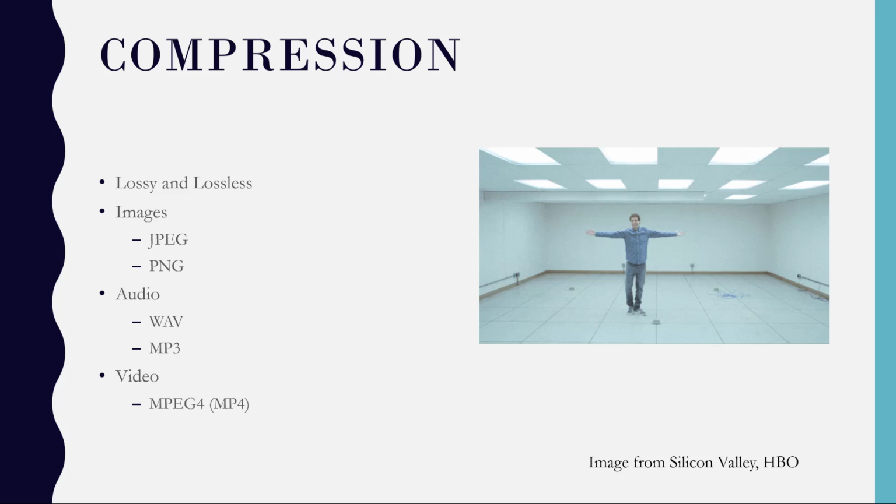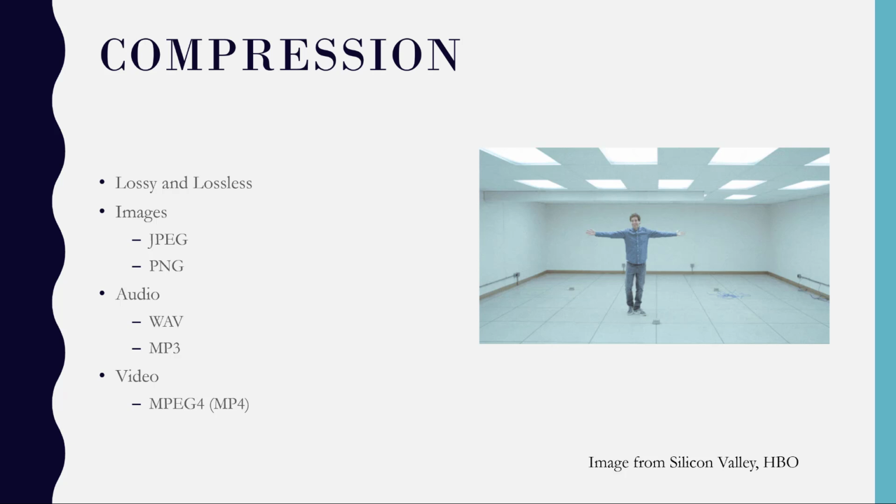So here are some examples. An example of lossy is JPEG. JPEG is designed so that it gets much smaller, so it doesn't take up as much room. It's often used when you don't really need such a big file and you're trying to save space.